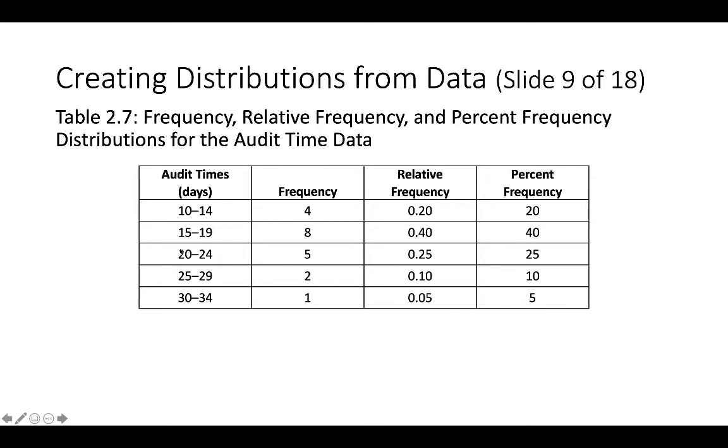We could then select 15 as the next lowest bin limit and 19 days as the upper bin limit of the next class. We continue to define the lower and upper bin limits to obtain a total of 5 classes: 10 to 14, 15 to 19, 20 to 24, 25 to 29, 30 to 34.